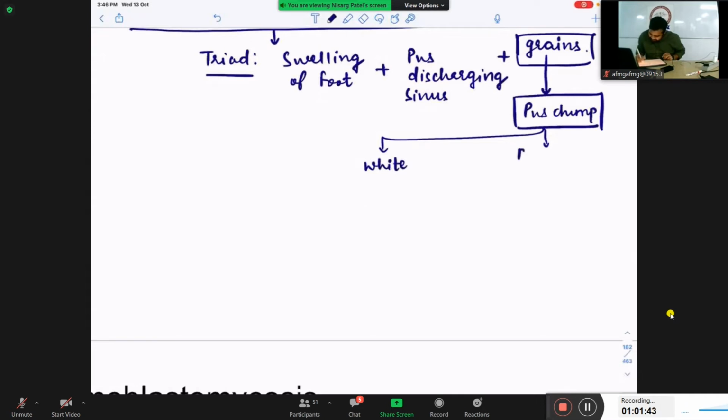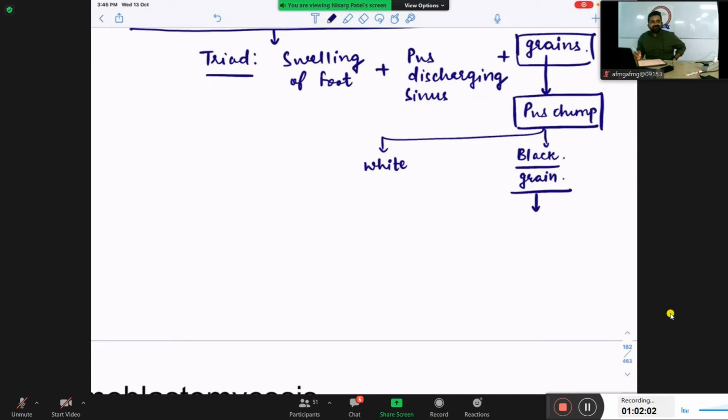It can be a white color. It can be a black color. If it is a black color grain, what is the causative agent?